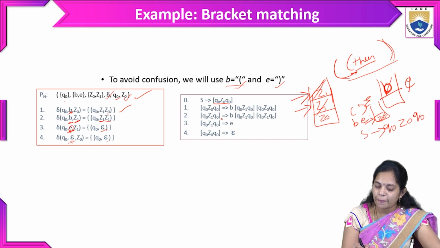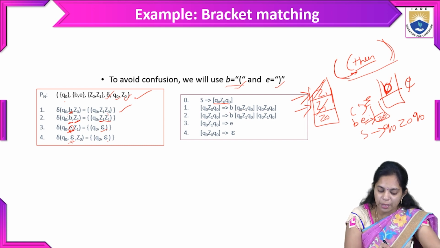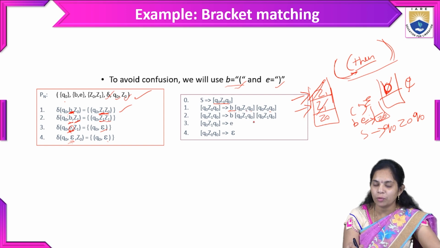And next, for this transition function, we have to follow. So B appears for the terminal B, and how many are there in the push-down, the top of the stack symbol. For every individual symbol, we have to follow. So B terminal and Z1 there and Z0 there, separately we have to write.